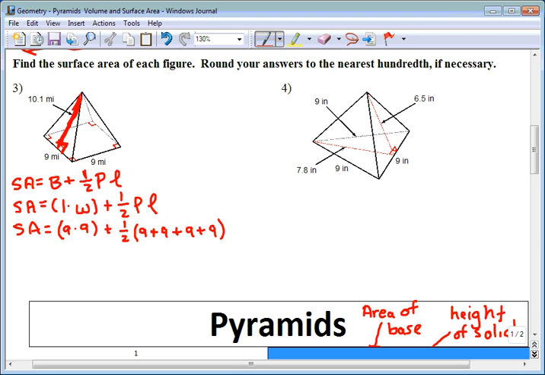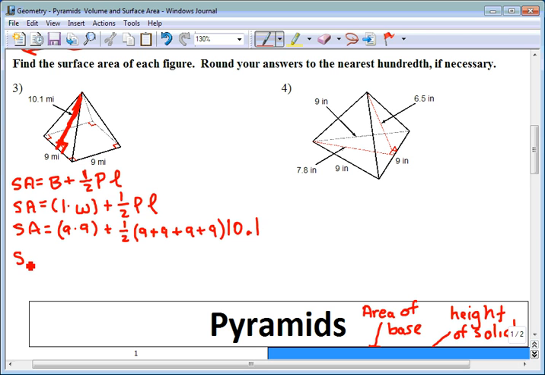It goes along the slant, what we would call the face of this pyramid. It does not go down the middle of the pyramid like the big H that we use for volume. So we're going to put the slant height in. It is 10.1 miles.